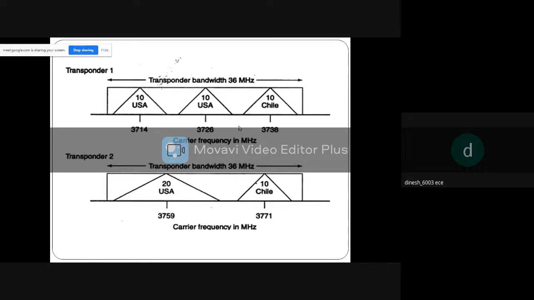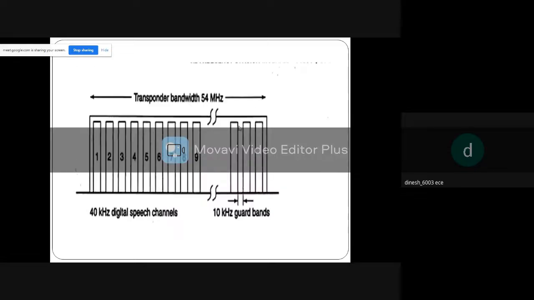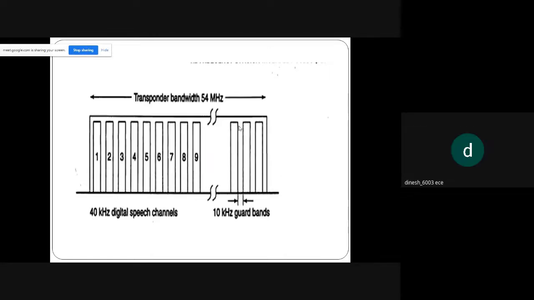In transponder 2, with the same transponder bandwidth of 36 megahertz, a carrier frequency was used for the USA and Chile at 3771, 10 megahertz. So the transponder bandwidth is divided into channels 1, 2, 3, 4, 5, 6 with 10 kilohertz guard bands.